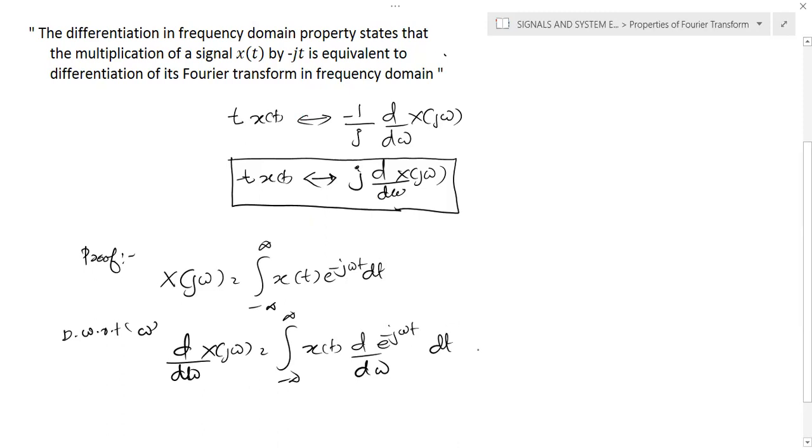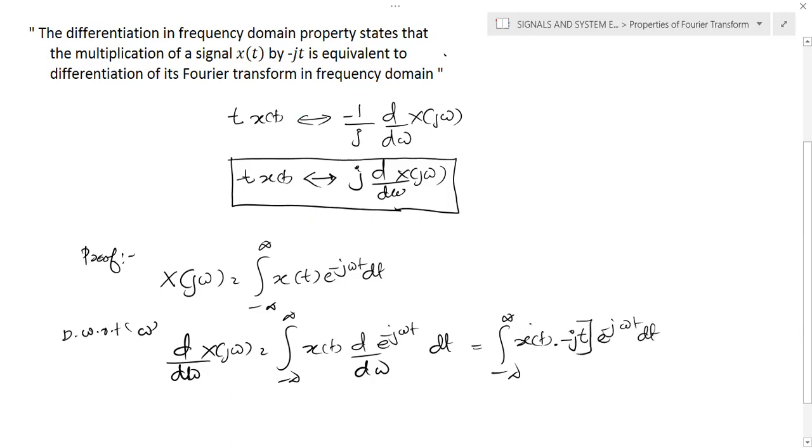You can consider all the other terms as constants. So the integral from minus infinity to infinity of x of t into minus j t into e raised to minus j omega t dt.